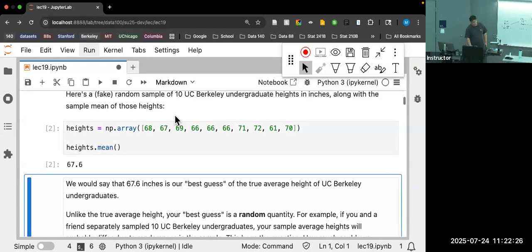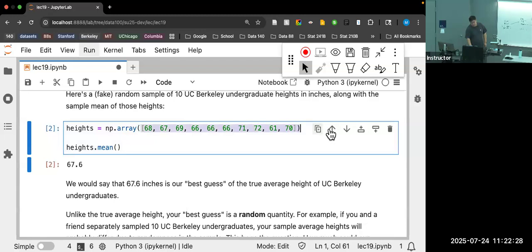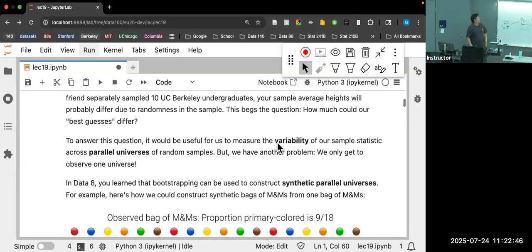And now, to do the bootstrap, we're going to regard this as our population. Of course, Berkeley has more than 10 students, but we're hoping that these 10 numbers would represent well the whole population, which we'll talk about how to make sure your sample is good enough in a bit.